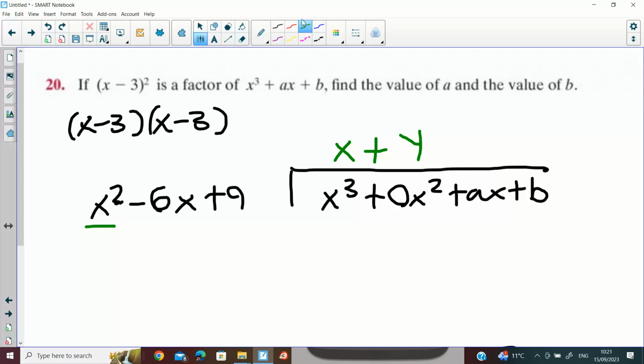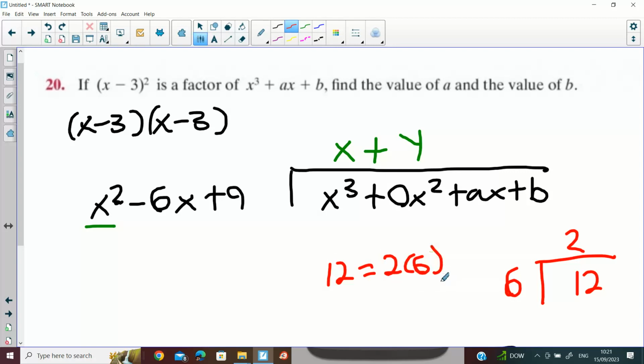So what I'm claiming is that I don't know what y is, but I know it's a linear multiplied by a quadratic. In the same way, I can say that 12 equals 2 times 6. Does everybody get that? That I can write down 12 equals 2 times 6.